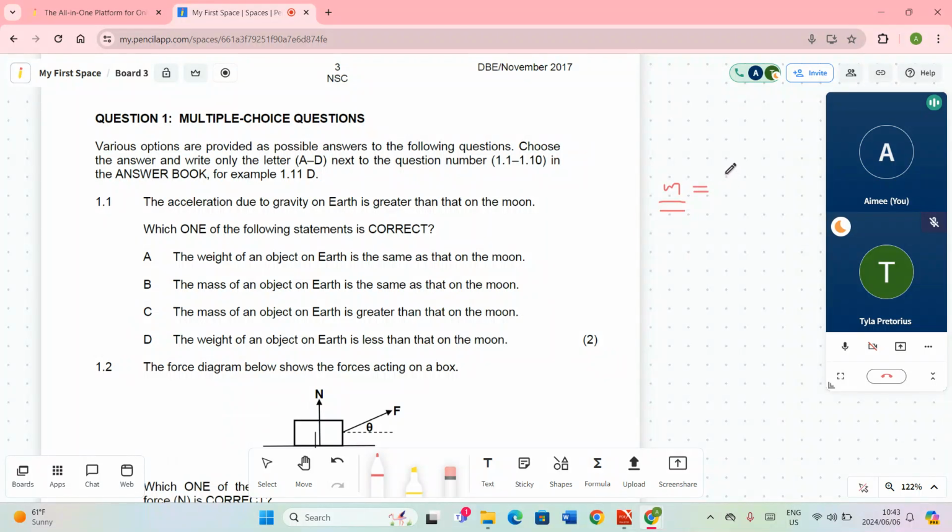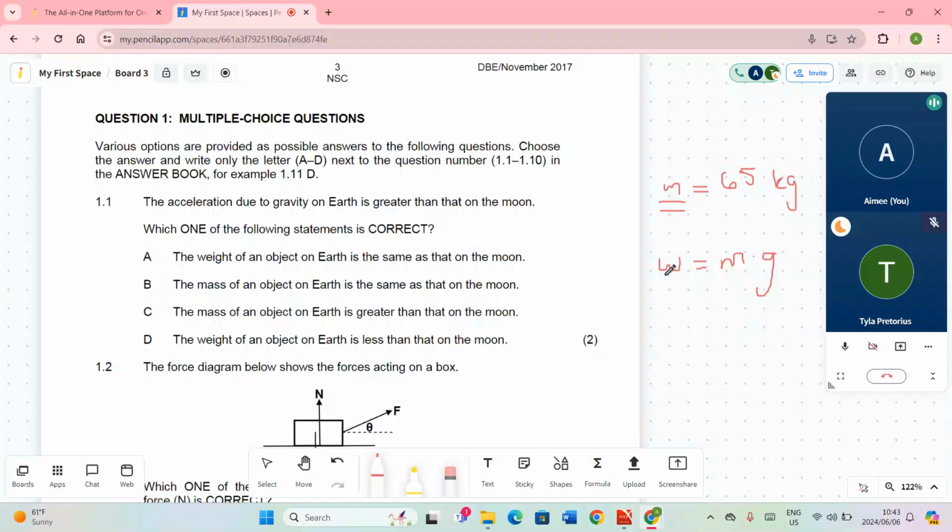So if you weigh 65 kilograms on Earth, it means your mass on Earth, the moon, Mars, Jupiter, your mass on all of the planets is going to be 65 kilograms. Your weight, however, weight is equal to mass multiplied by gravitational acceleration. Your weight is dependent on the gravitational acceleration of the planet that you are on.